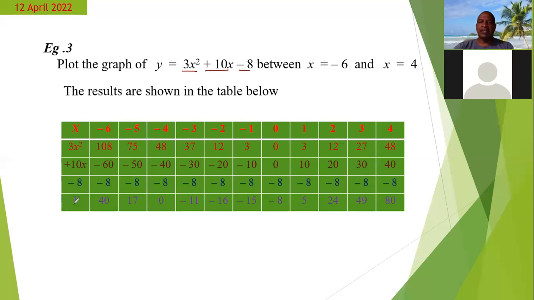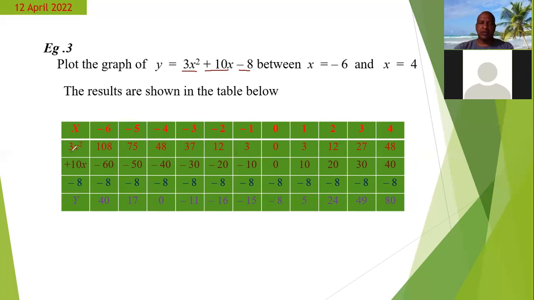And then our last row is what we get after we do our calculation for the rows between the x and y row. So once we add those columns between the x and y rows, then we will get our y values. All right, guys.